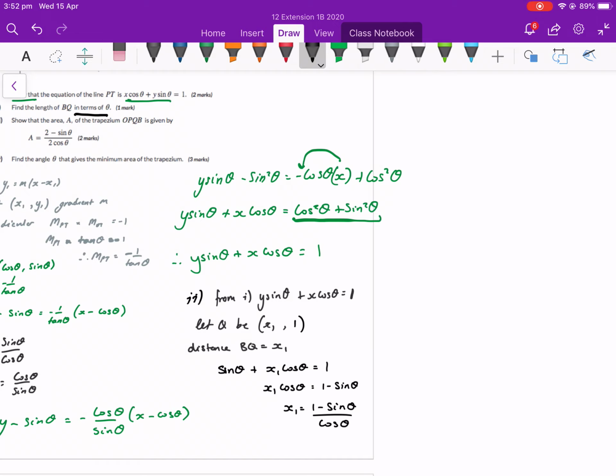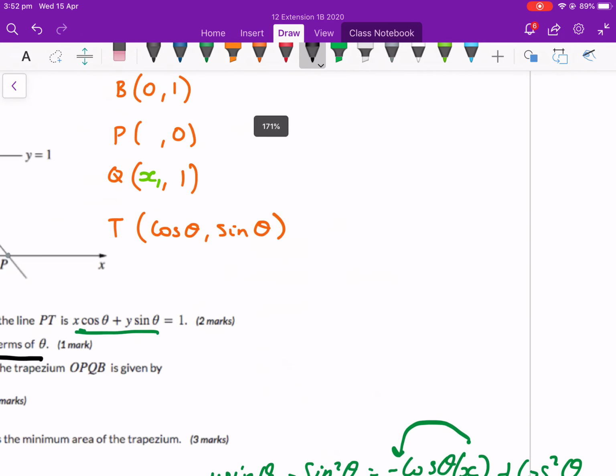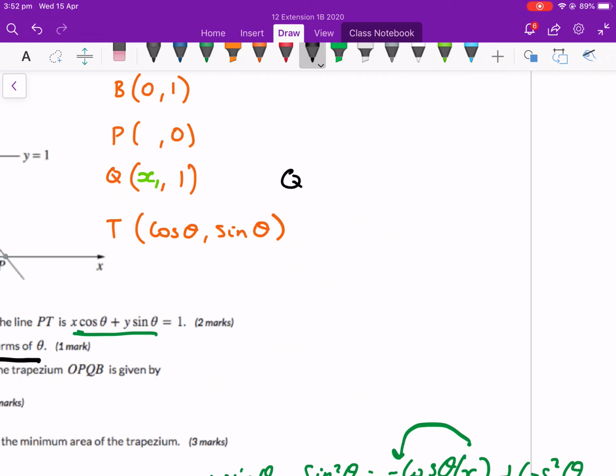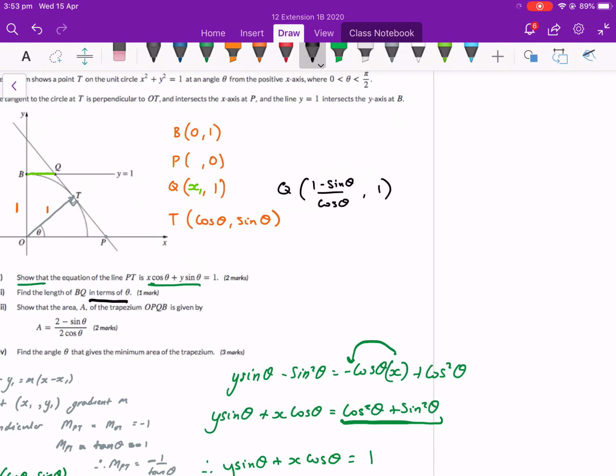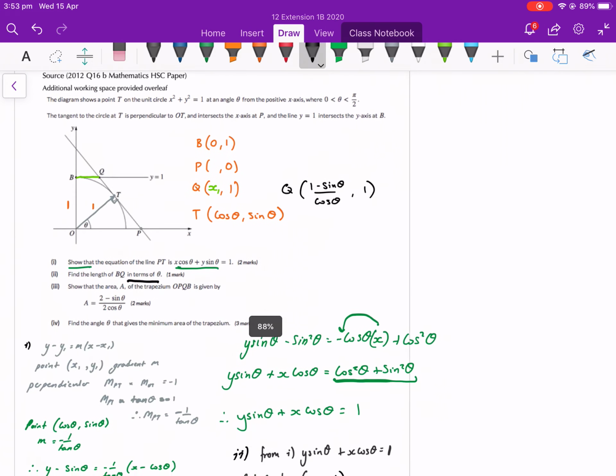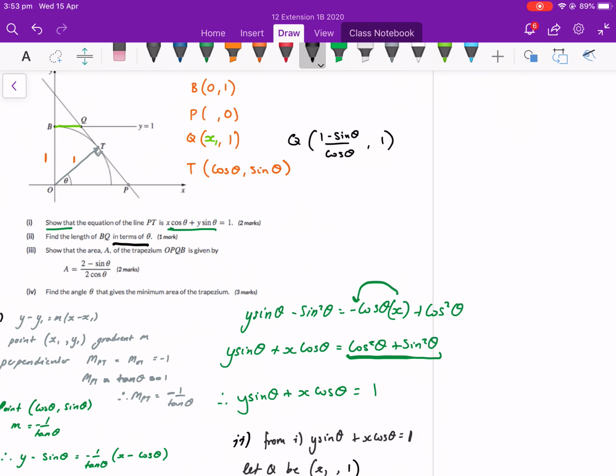So that's the length of BQ in terms of theta, and just a reminder that we found the x-coordinate of Q. So Q actually has coordinates, if we just write those down, of x-coordinate 1 minus sine theta on cos theta, with a y-coordinate of 1.